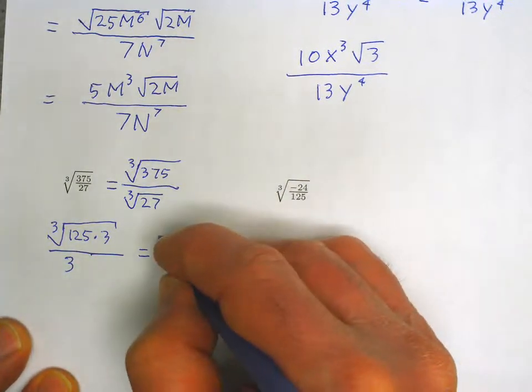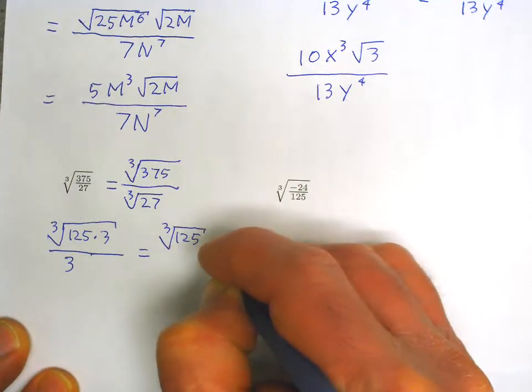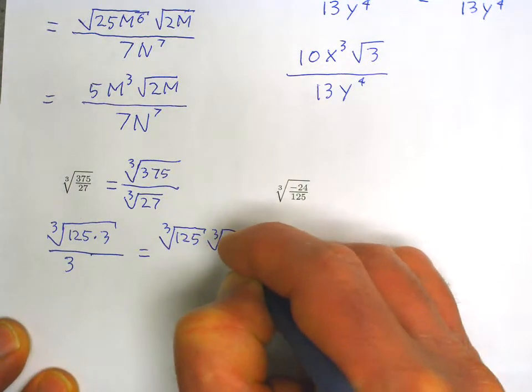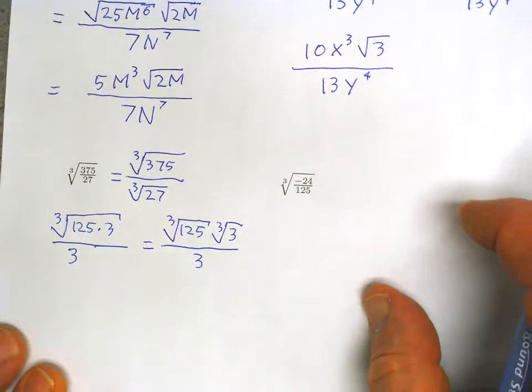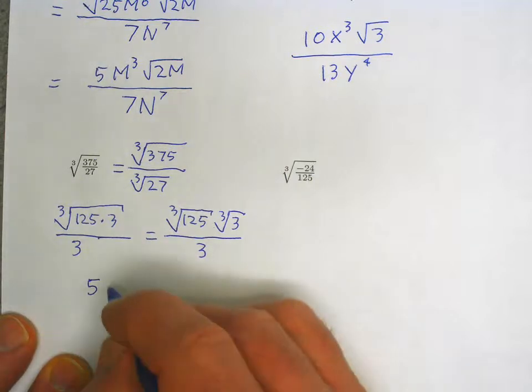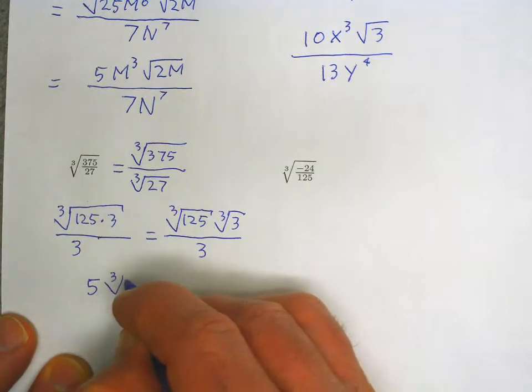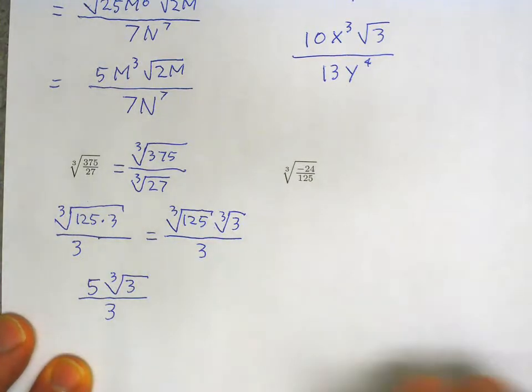And then we get the cubed root of 125 times the cubed root of 3, all divided by 3. And then the final step, the cubed root of 125 is 5. So in the numerator, we have 5 times the cubed root of 3. And in the denominator, we have 3.